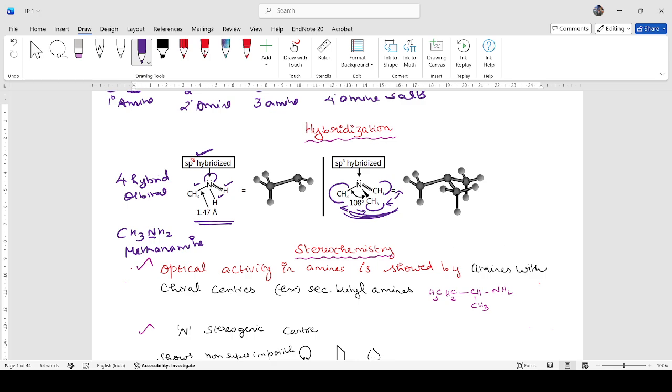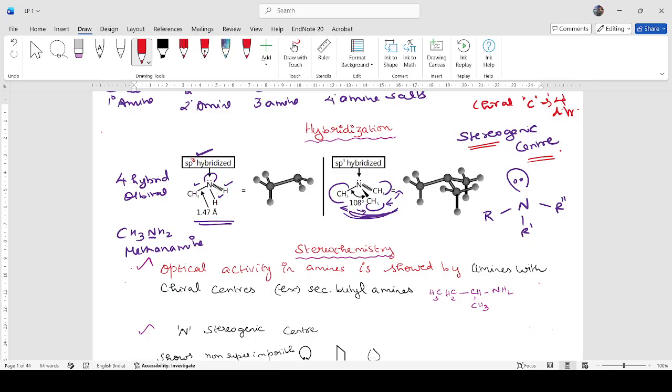Consider an amine with R, R dash, R double dash, and a lone pair. We have learned a concept called a stereogenic center. If I say chiral center, we basically talk about carbon bonded with four different groups. What is a stereogenic center?